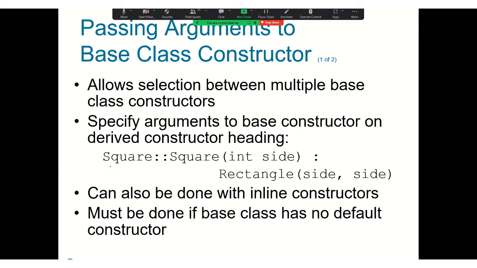Like here, this is your base class, and this is your derived class. So no, this is not base or derived. So basically specify argument to base constructor on derived constructor heading. So basically this is your derived constructor.